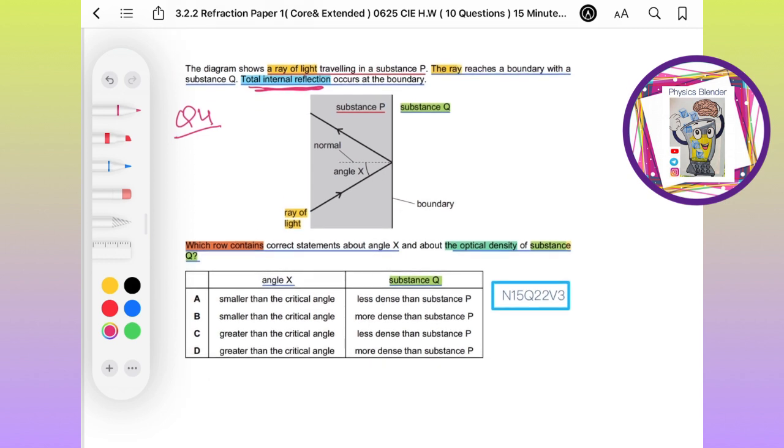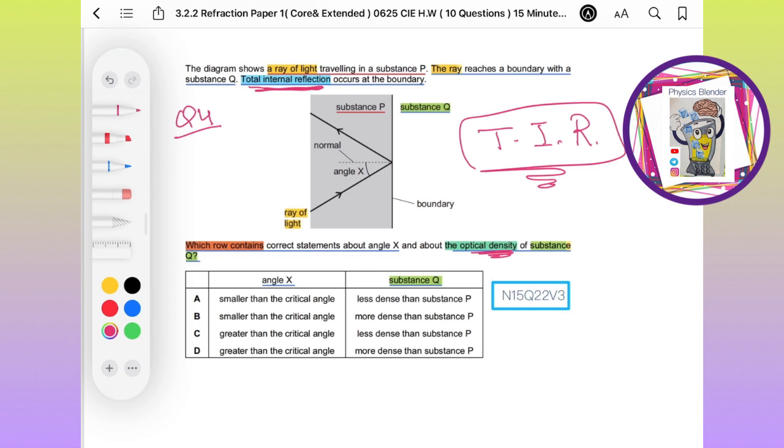Guys, I'm using this abbreviation, but in your exams you have to write down a full complete sentence in words. Which row contains the correct statement? And what about the optical density of substance Q?